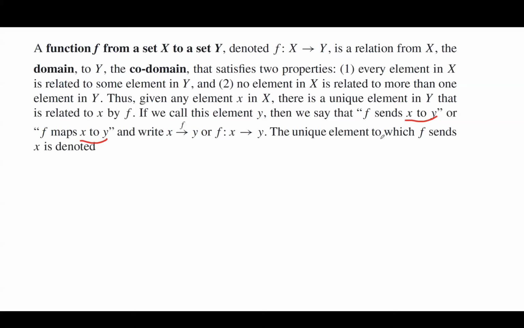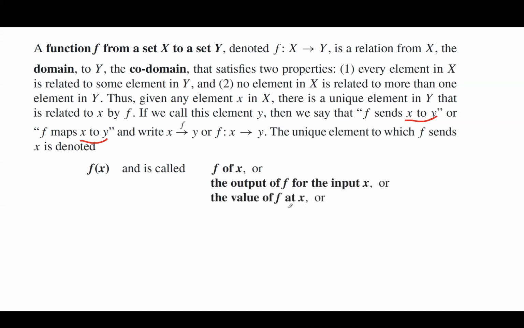The unique element to which f sends x is denoted by f of x, and as you remember, we read it as f of x, or the output value of f at x, or the value of f at x, or the image of x under f. So we have different ways of representing f of x: the output of f, the value of f, and the image of x under f.